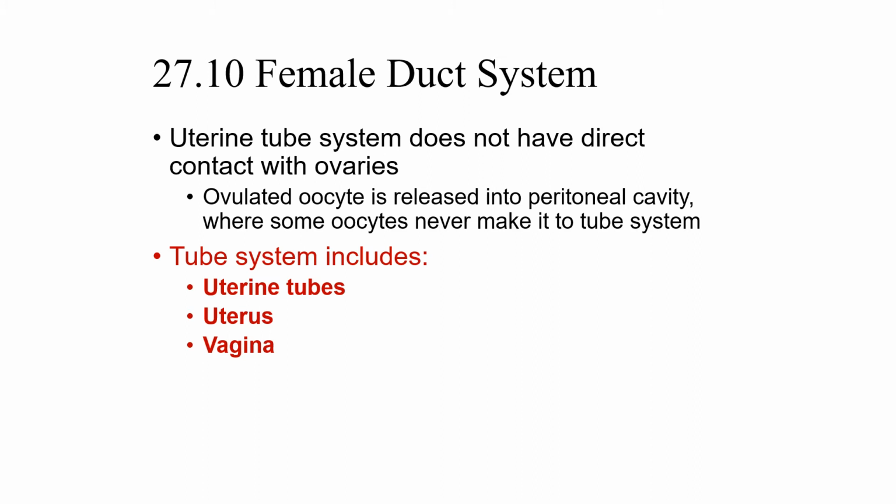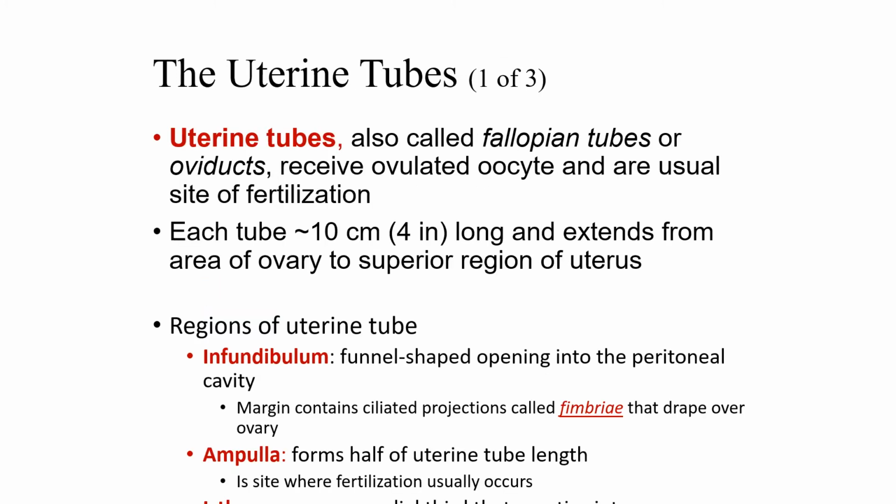Tube system, okay, uterine tubes. I would not consider the uterus a tube as much as an organ. The vagina is definitely a tube, but I think mainly because the uterus has a hollowed center, they may consider it a tube. The uterine tubes or oviducts, I like uterine tube because it's a tube that's attached to the uterus.